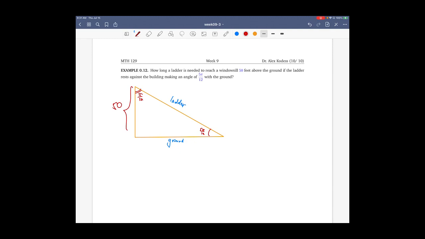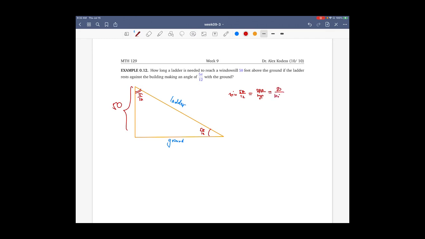And the ladder in this triangle is the hypotenuse. We can use, say, the definition of sine for this angle. So sine of 5 pi over 12 is opposite leg over the hypotenuse. Opposite leg is 50.